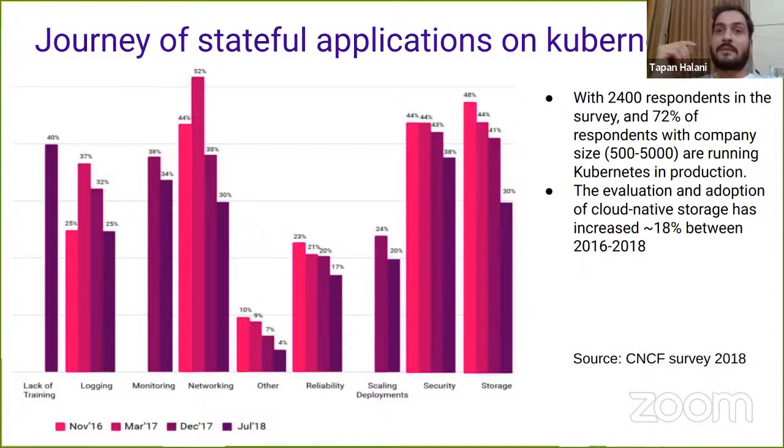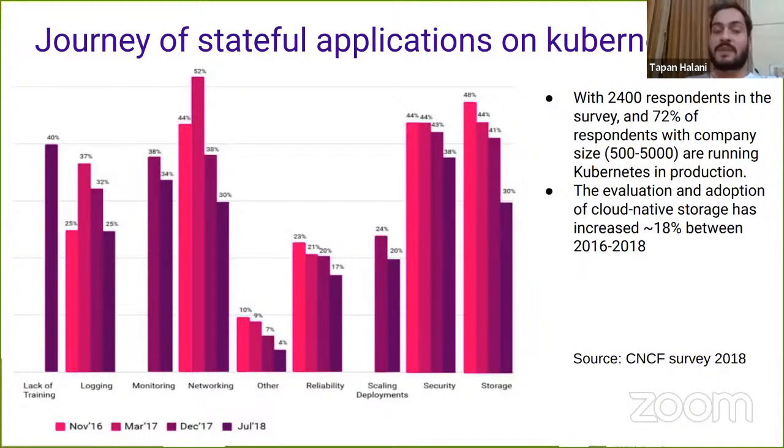Kubernetes started off predominantly as a platform where we can very easily scale stateless applications, basically containerized applications, because the container is very native to the whole architecture, and Kubernetes provides a platform to scale it and make it more fault tolerant and resilient.